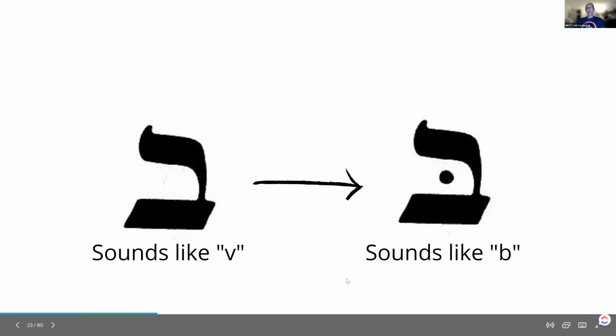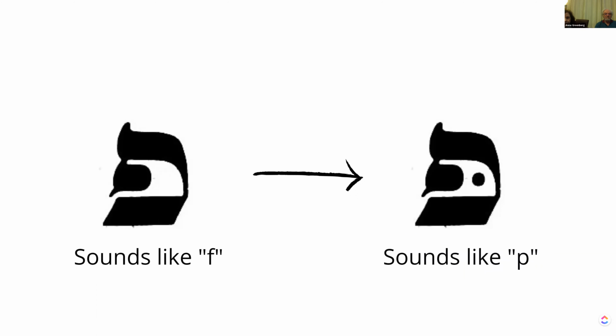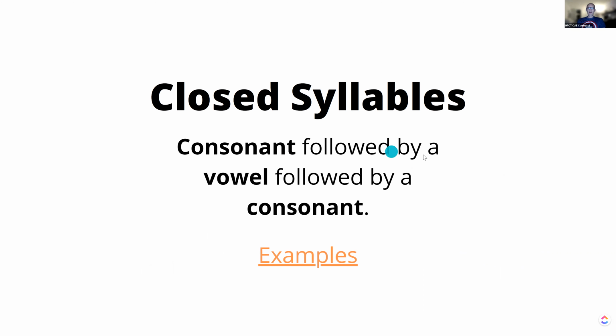We're just going through these very, very quickly because we want to get to the new stuff. The closed syllables we also did: consonant followed by a vowel, followed by a consonant. I want to say before we go on, the review tonight is very extensive because we're going to be using every single piece of this.